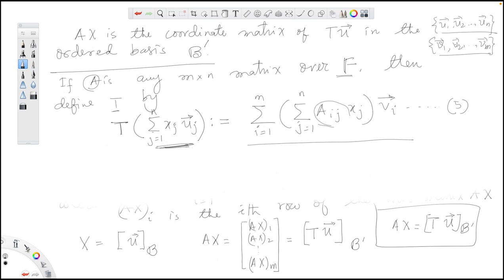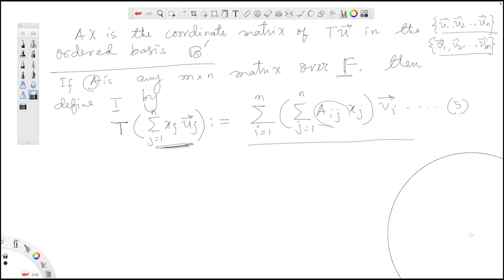Now, one needs to verify that it is indeed a linear transformation. So let us see how we can verify that. I think I could leave it as an exercise, but if you want, I can write down the proof. It's a trivial task, but let me do it for you.